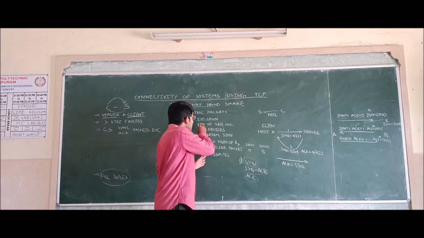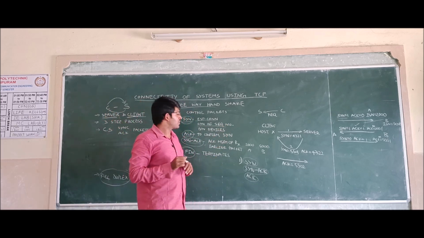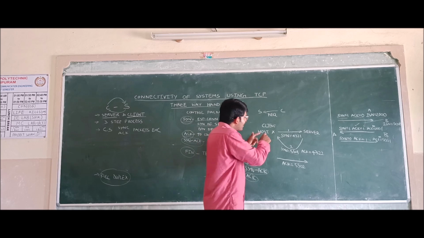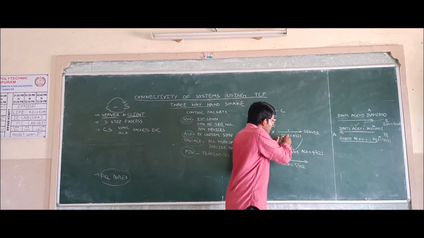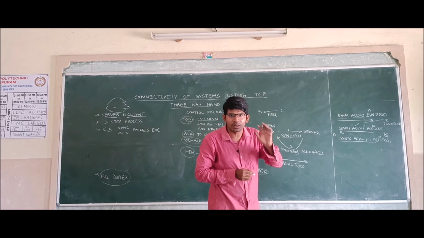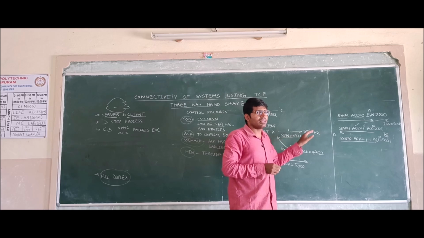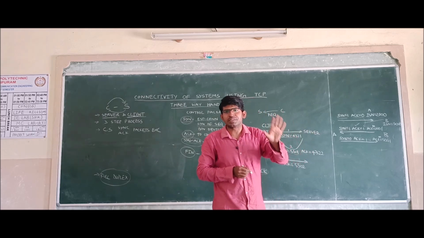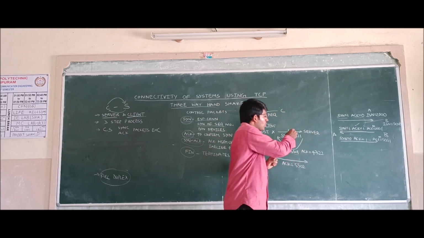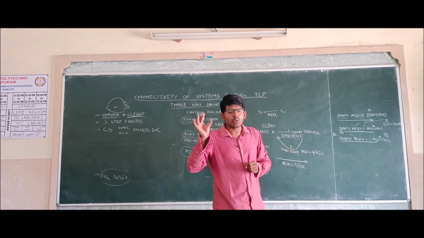In this synchronization, we send the sequence number. The client says, my sequence number is 4321. This data should be sent in the form of packets. So the synchronization number is 4321.